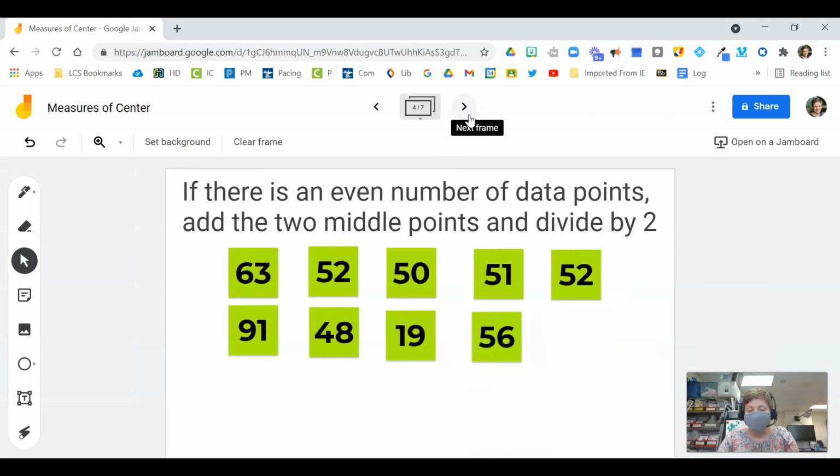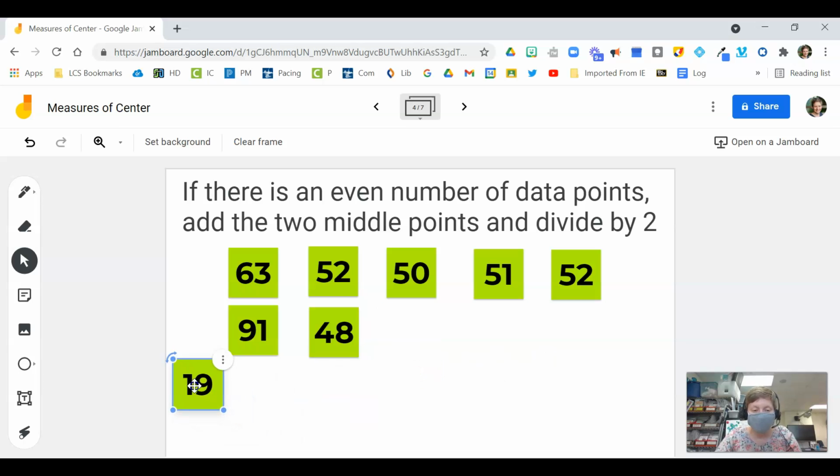So one thing to keep in mind is that there's a little bit of change if you have an even number of data points. Let's go back to how in the video, Mr. Jones came in at the last minute. Let's pretend that he wasn't there, that he hadn't added in. And let's look at what happens when we order them from least to greatest.